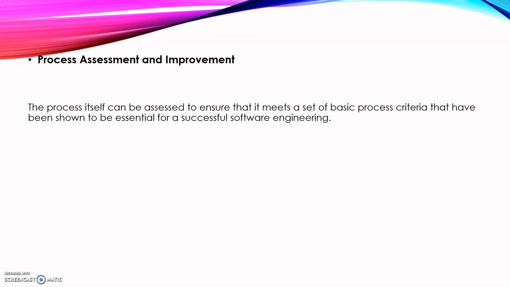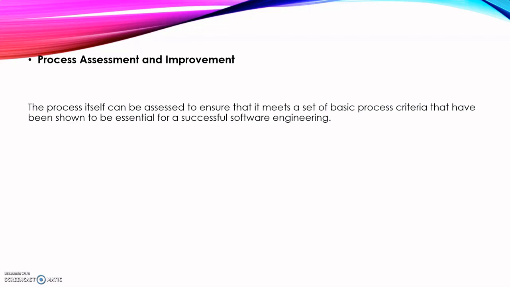So we cannot ensure any timely basis or any fixed schedule, or we cannot satisfy the customer's needs. So the process itself can be assessed to ensure that it meets a set of basic process criteria that have been shown to be essential for a successful software engineering.